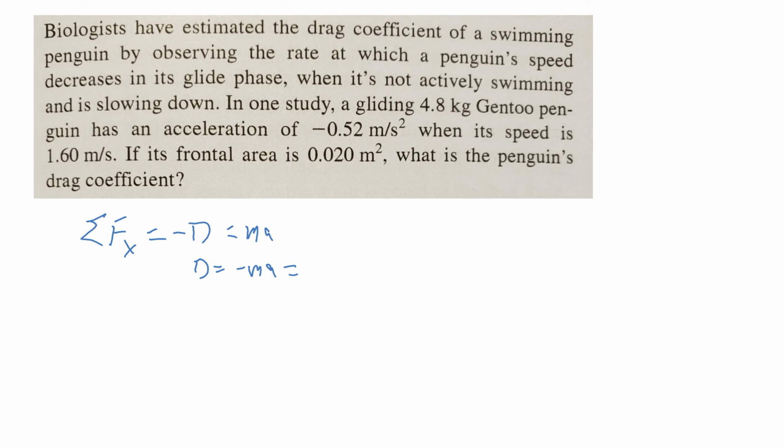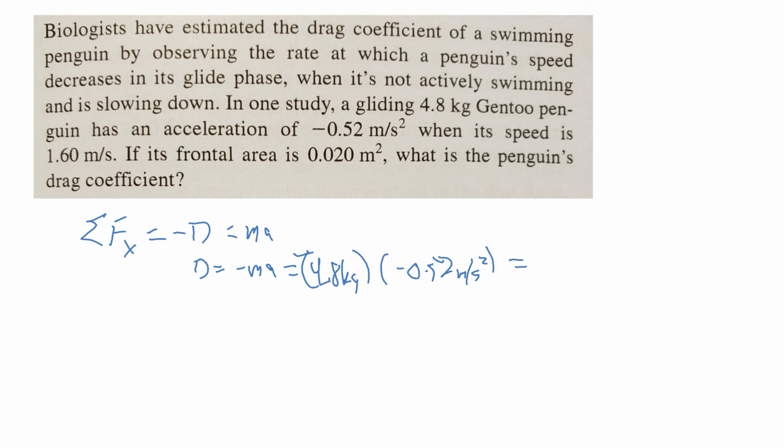They gave us the mass. It's 4.8 kilograms. So we have negative 4.8 kilograms times the acceleration, which they gave us was negative 0.52 meters per second squared. What do we get? Positive.